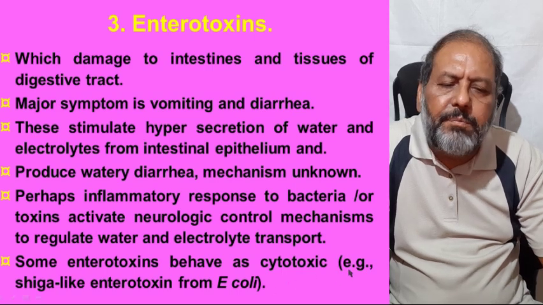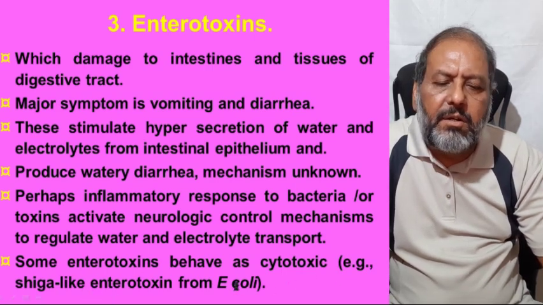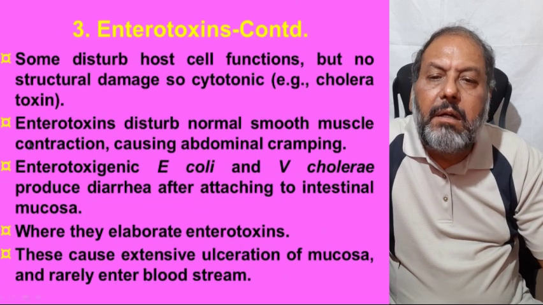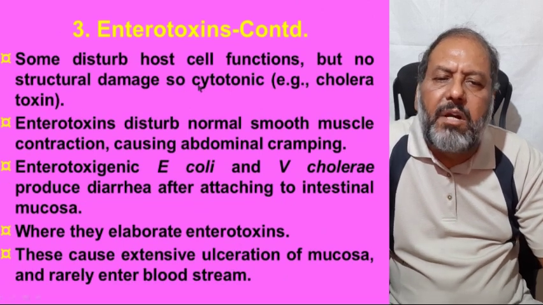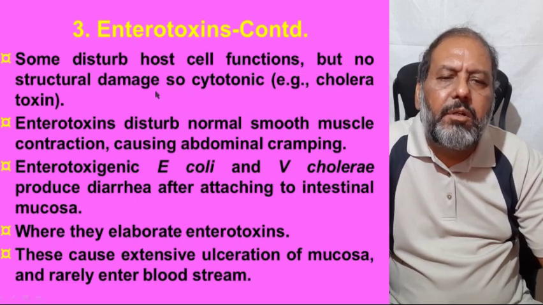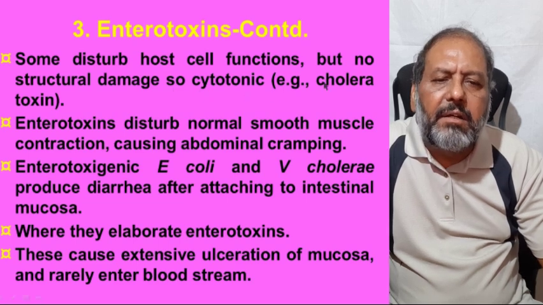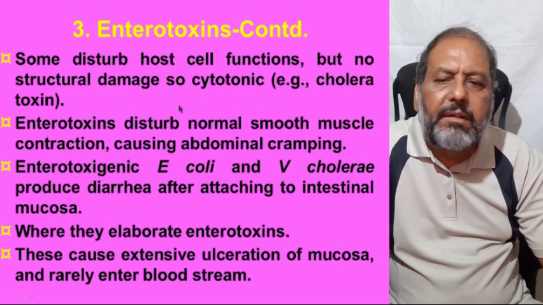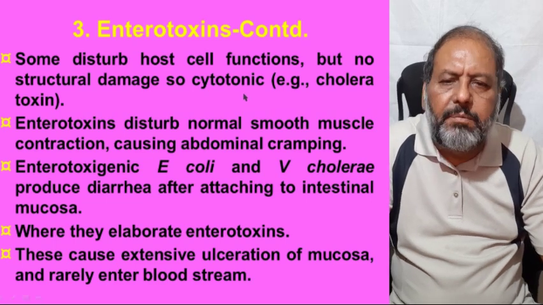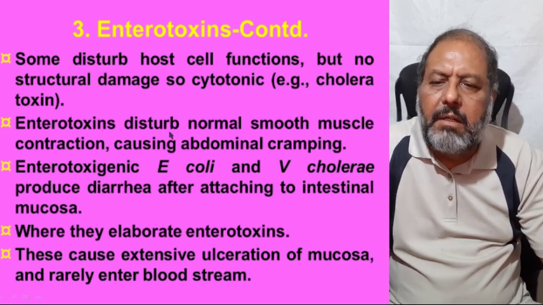Some enterotoxins behave as cytotoxic, like Shiga-like enterotoxin from E. coli. Some enterotoxins disturb host cell function but cause no structural damage to the host cell, and these are called cytotonic, like cholera toxin. They only disturb the host cell function and do not kill the host cell.